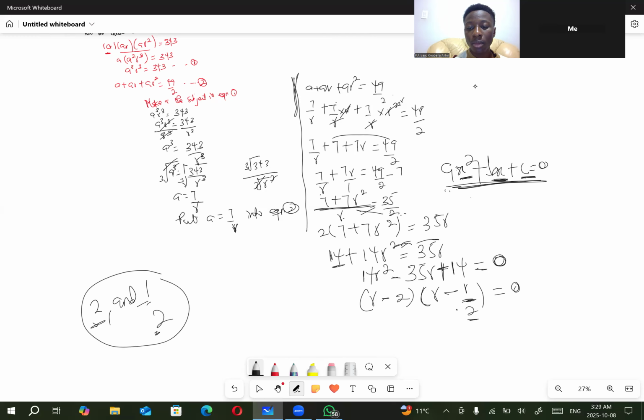You put the 2 where the 0 is, after the equal to sign.